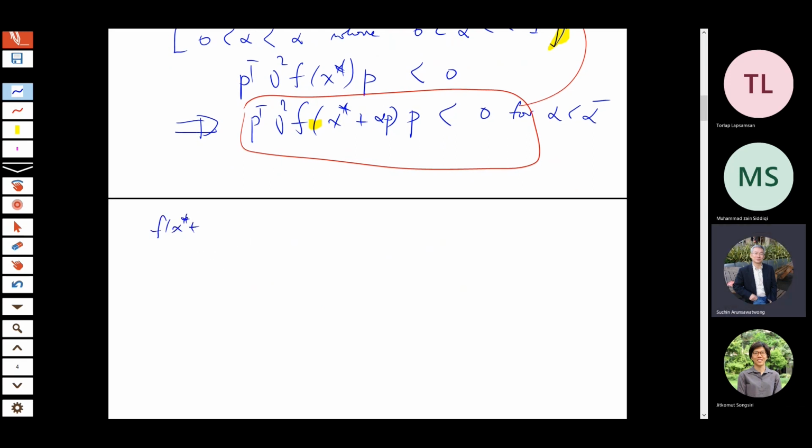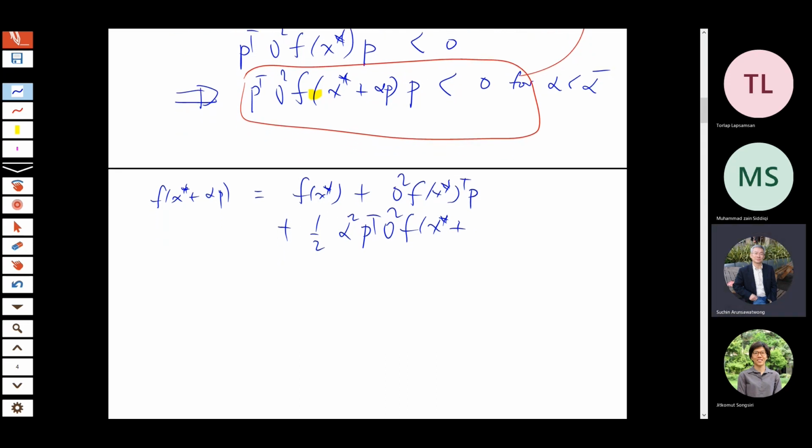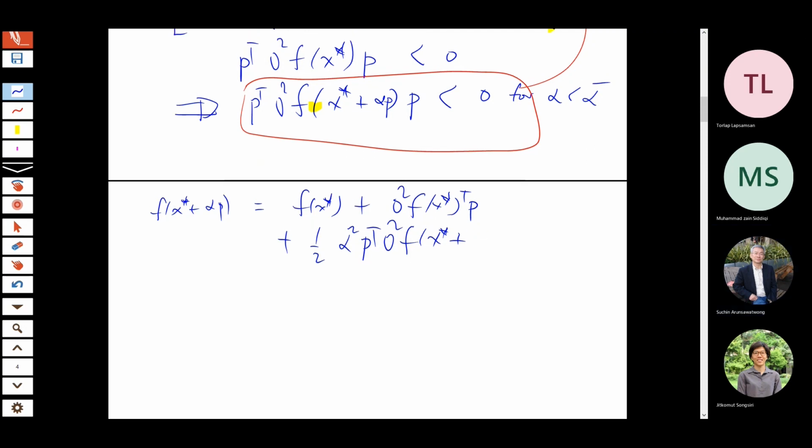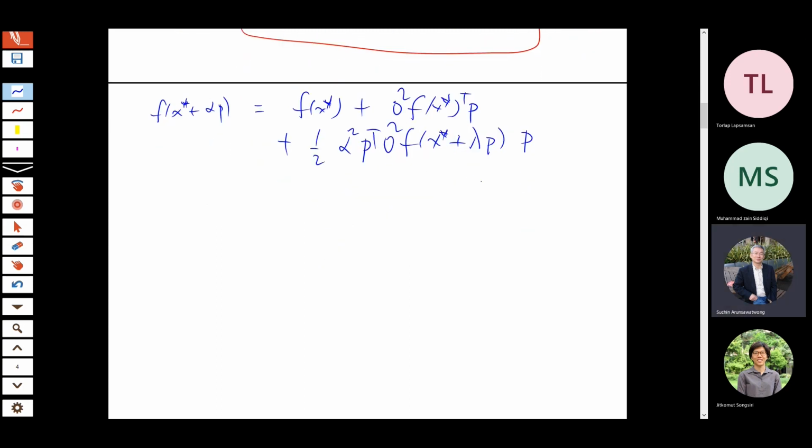Okay, I write it again. f(x star plus alpha p) is equal to f(x star) plus the gradient of f(x star) transpose p plus 1/2 alpha squared p transpose the H matrix, evaluated at something you can define as a lambda, multiplied with p, for lambda between 0 and 1, right?